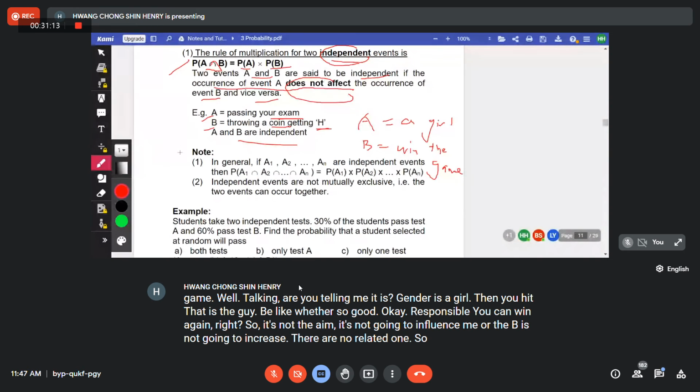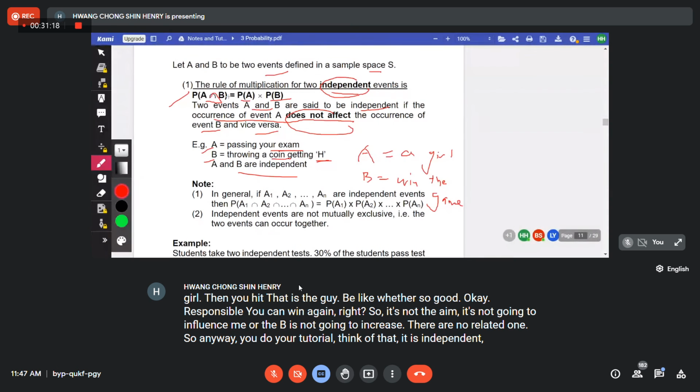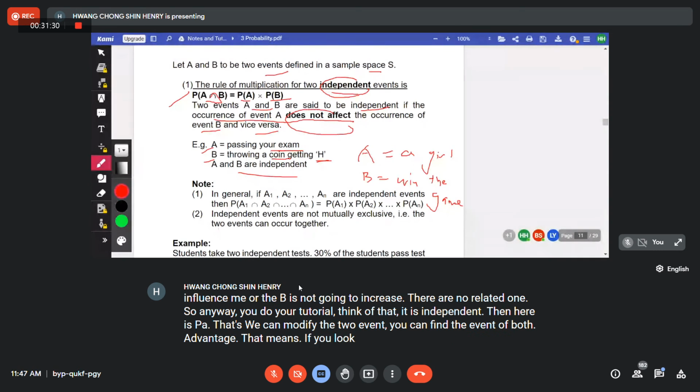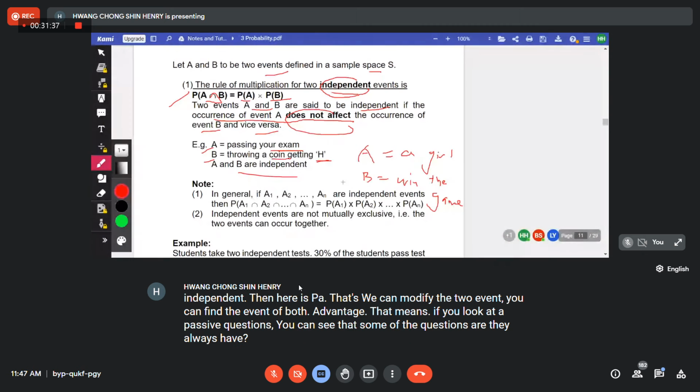So whenever you do your tutorial, think of that. If it's independent, then P(A and B) is P(A) times P(B). You can multiply the two events, and you get back the probability of both happening together. If you look at the past year questions, some of the questions always test: is this mutually exclusive?